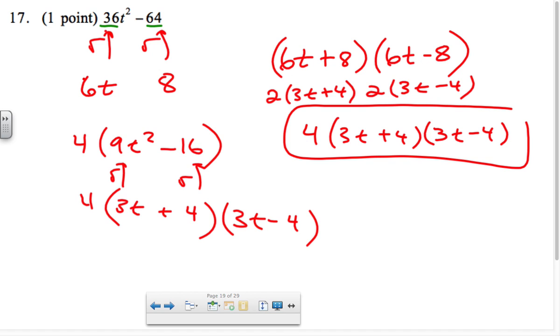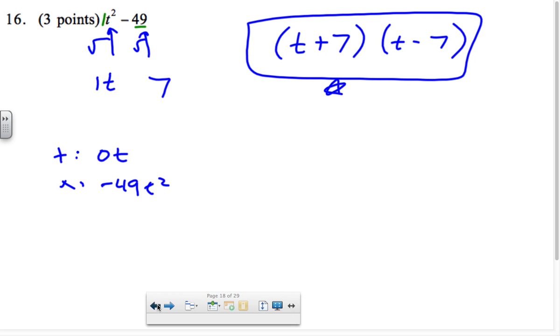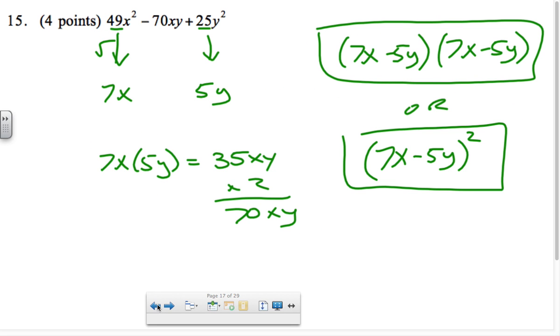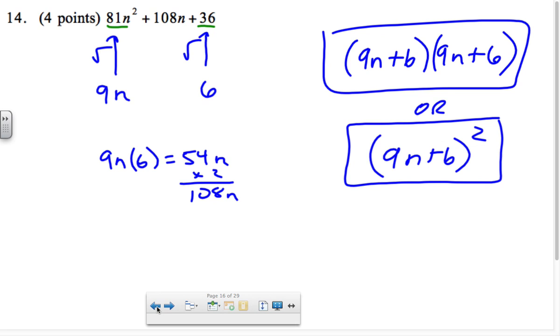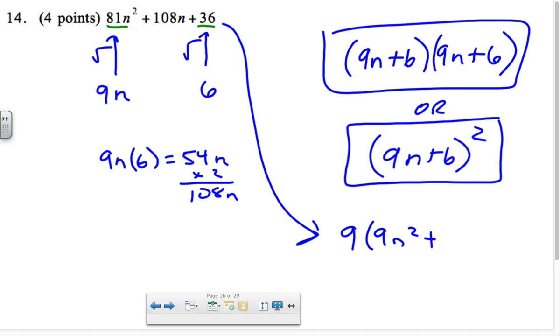And I was looking back, I see I did have one other one that I didn't completely factor because I forgot to factor out a GCF first, and that's number 14. So number 14, I could have factored out a 9 from everything here first, but I'm left with 9n squared plus 12n plus 4.